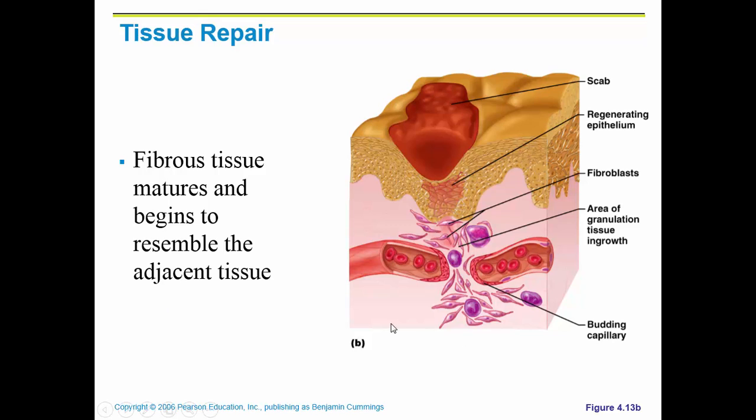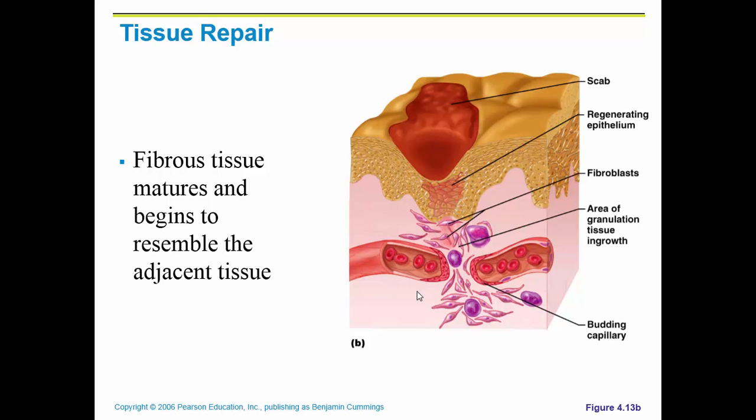And when we have fibrous tissue, we have to remember that not all of our tissue is fibrous in nature, just the connective tissue. So when connective tissue comes in and starts to connect the portion of the tissue that is torn, it is going to look different than the rest of the surrounding tissue.